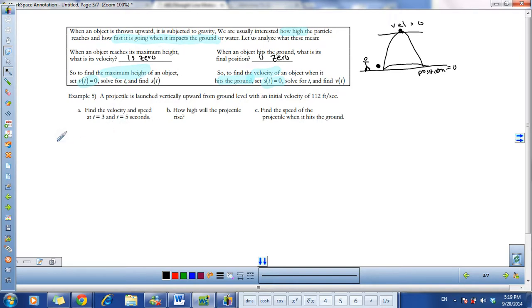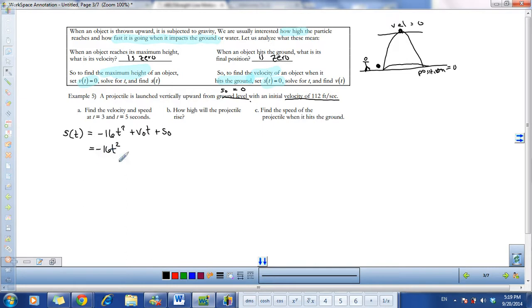So my position is s of t equals negative 16t squared plus my initial velocity times t plus my initial position. I have an initial velocity of 112 feet per second, and it's from ground level, so my initial position is 0. So now I have negative 16t squared plus 112t.